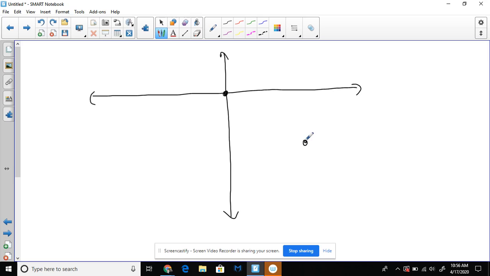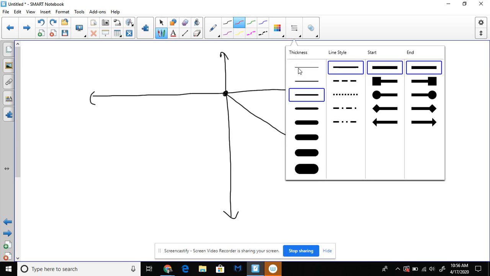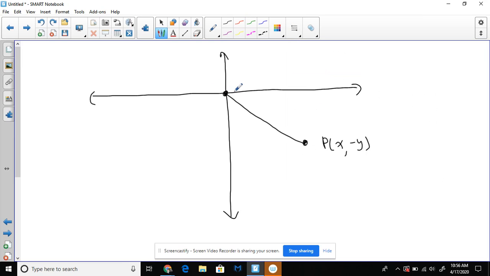So again, I'm going to have a point here. The x value is now positive because all the x values in this quadrant are positive, but the y is negative. So again, theta starts at 0 and spins into that section.